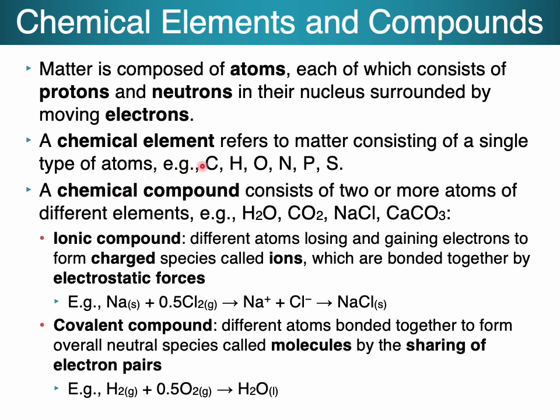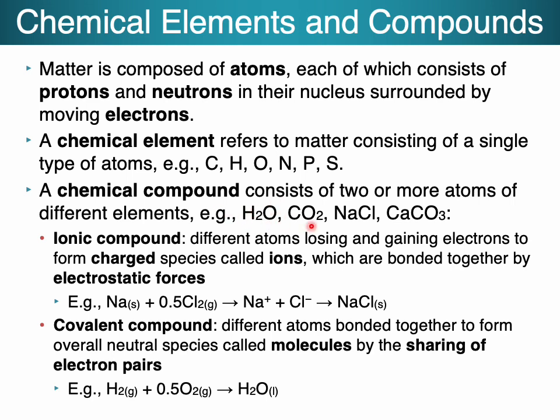Whereas a lot of the chemicals that you see around you are not a single element. They're usually compounds. A chemical compound consists of 2 or more atoms of different elements combined together. For instance, H2O means this water molecule has 2 hydrogen atoms bonded with 1 oxygen atom.